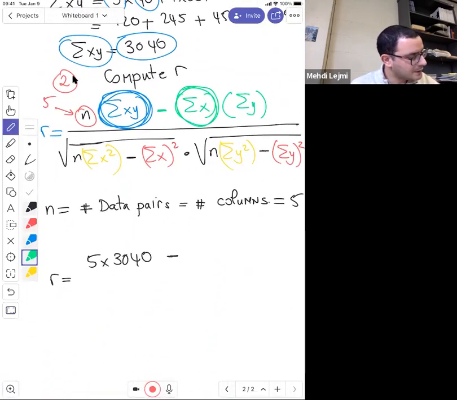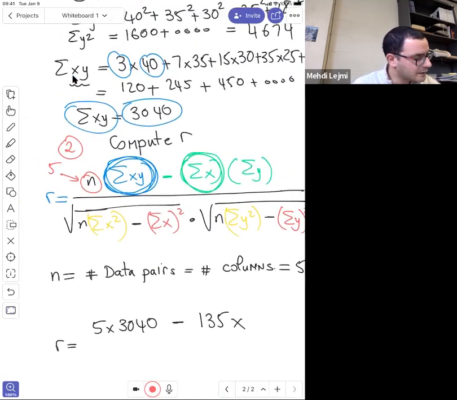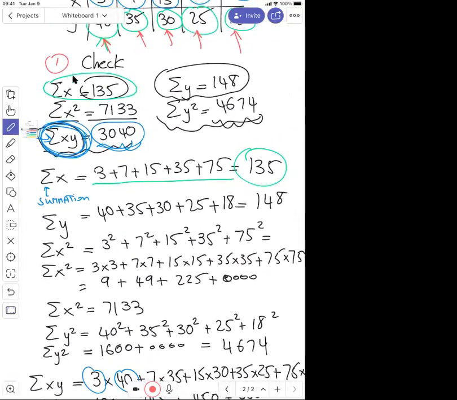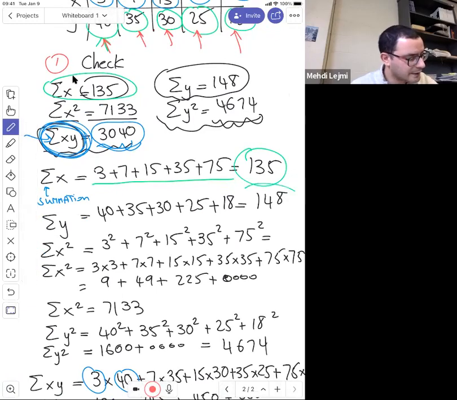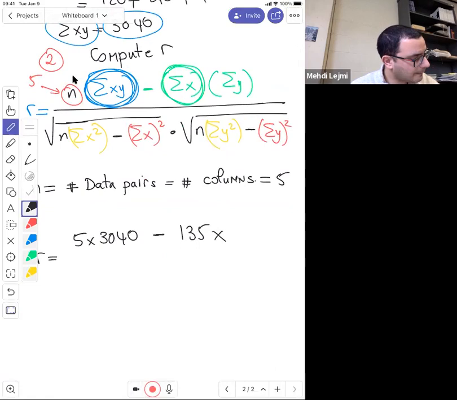So it's minus 135, times the next number, the sum of the y's. That's 148, thank you. Right here, this is the sum of the values of y. So here, times 148.